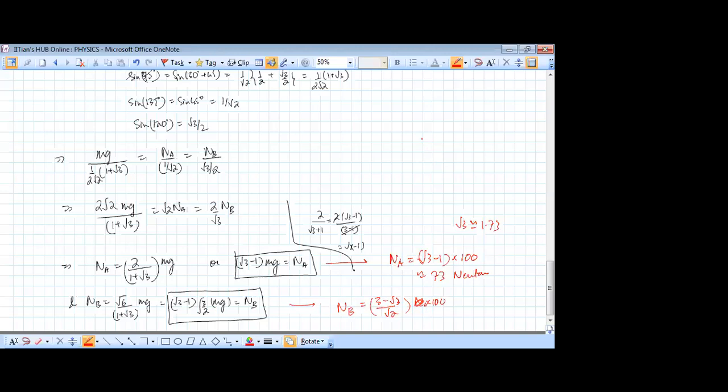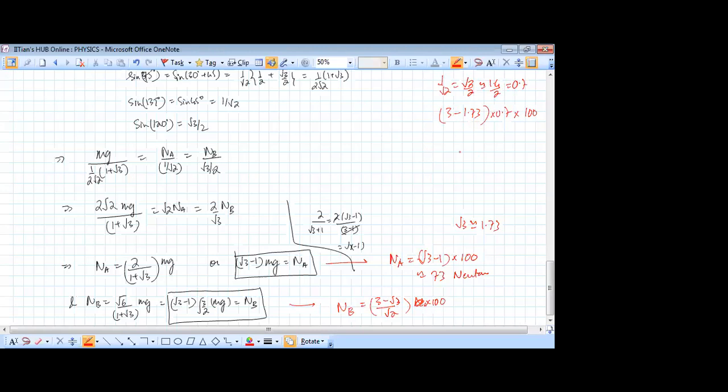So that's 100. So that will become approximately 3 minus 1.73 divided by, now this you can write like this, into 0.7 into 100. Because 1 by root 2, you can always write as root 2 by 2, approximately 1.4 by 2 or 0.7.